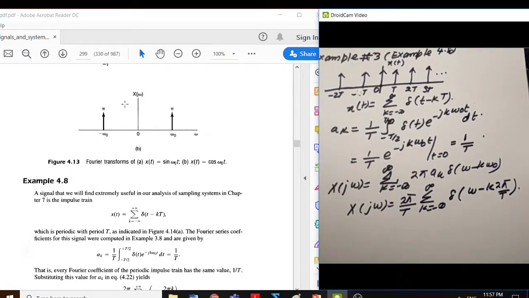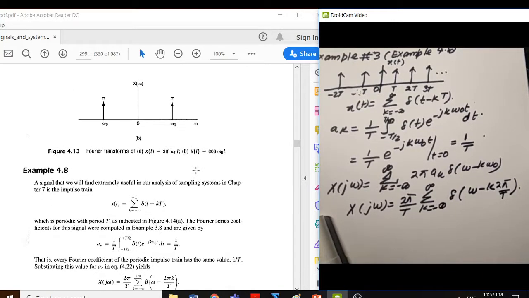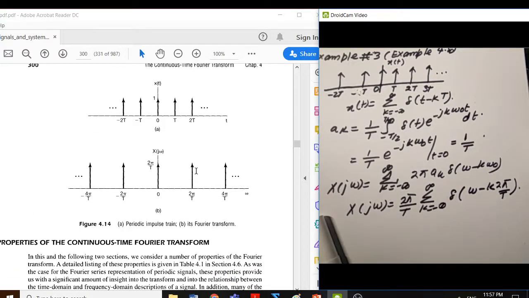Now if we plot this function, this also looks like an impulse train, and this impulse train is occurring at values of integer multiples of 2 pi by T. So if I plot it, this impulse train is going to look like this waveform, X of j omega.